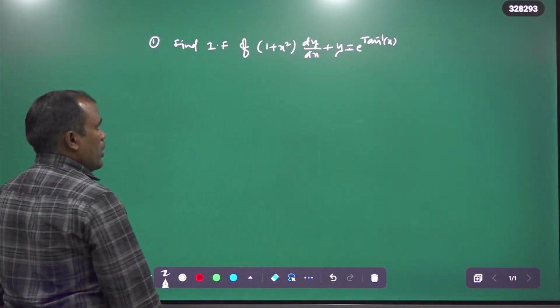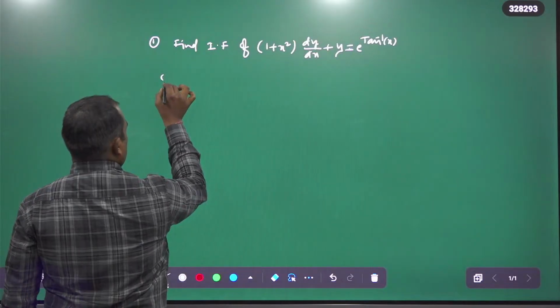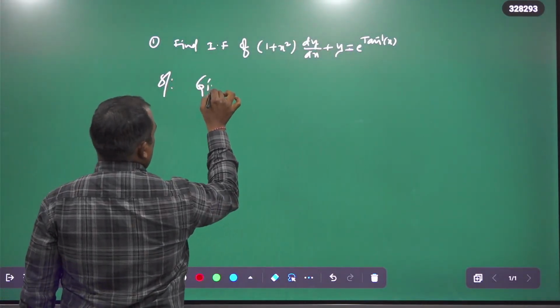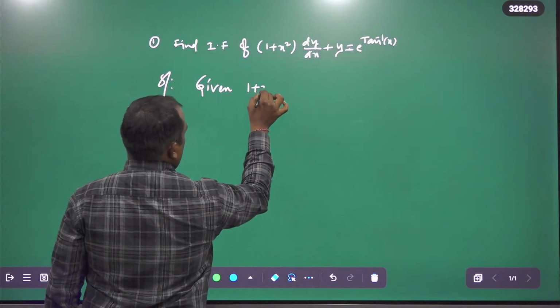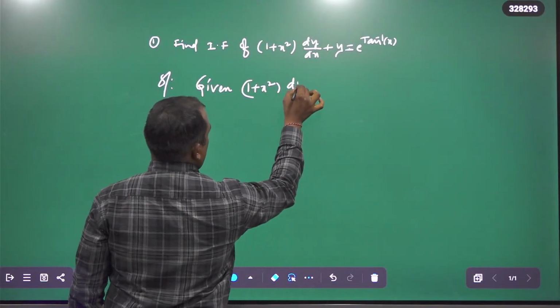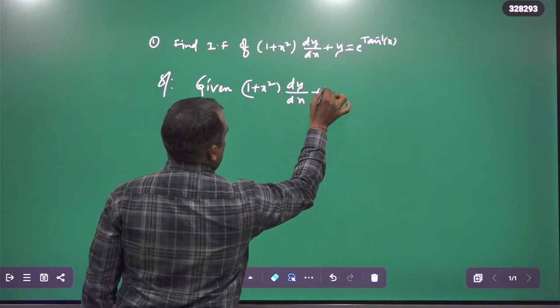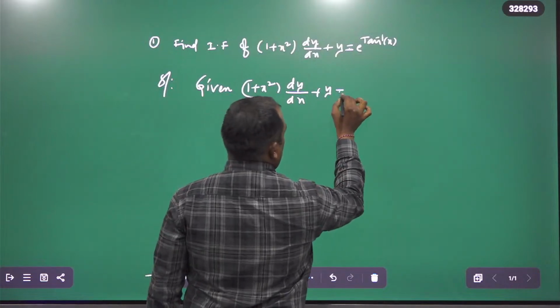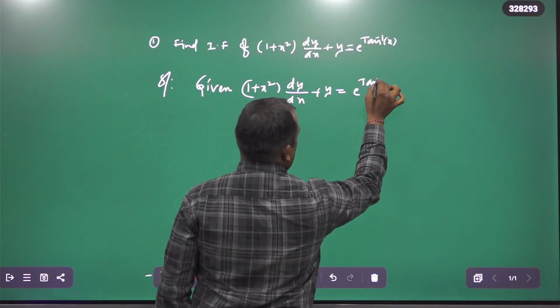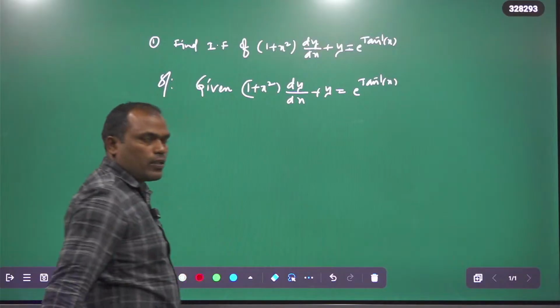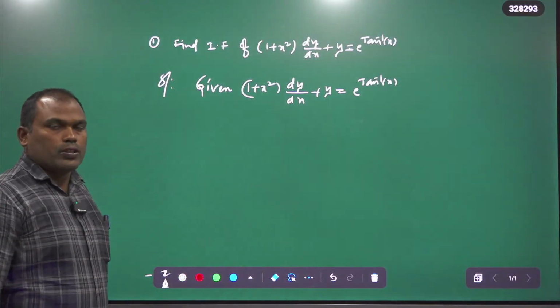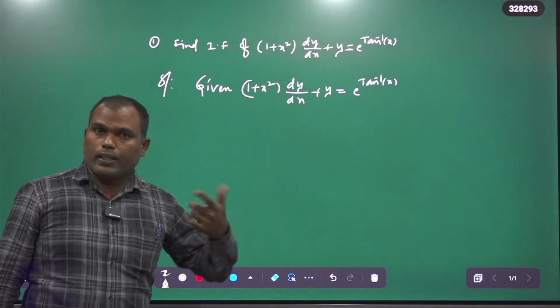See here, a differential equation is given, first we have to write the solution. Given 1 plus x square into dy by dx plus y equal to e to the power of tan inverse of x. Listen carefully. We need to find the integrating factor.